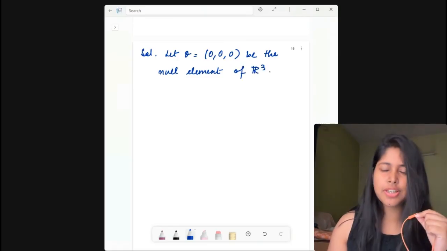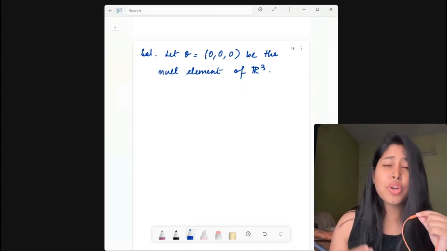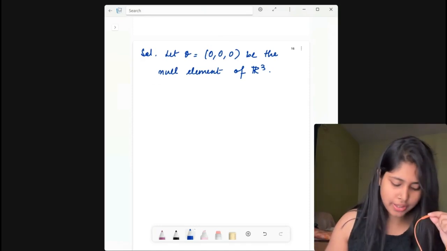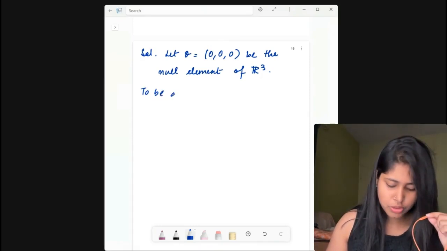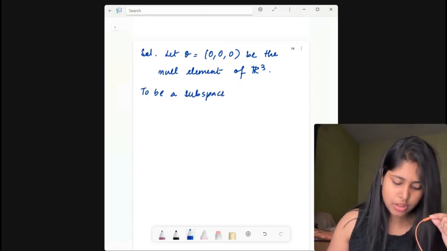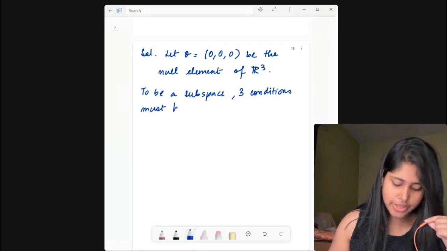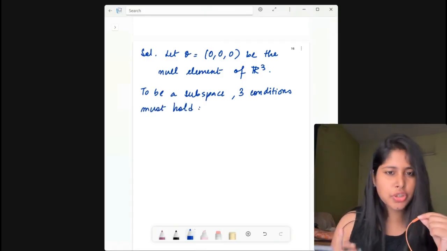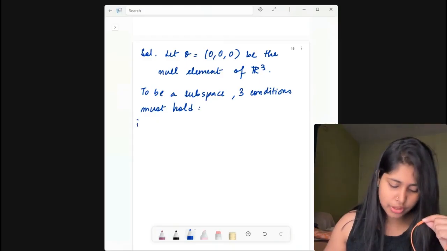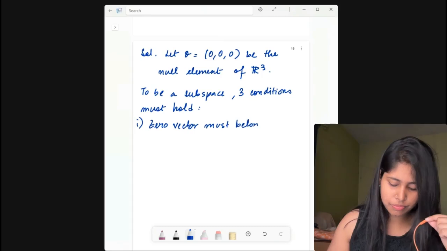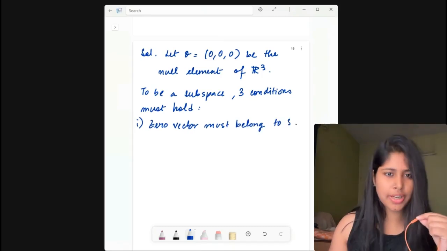For this type of question, to show your teacher that we already know the three properties of a subspace, write it like that: to be a subspace, three conditions must hold. What are the three conditions? The first is the zero vector: zero vector must belong to S. And next is closed under addition.